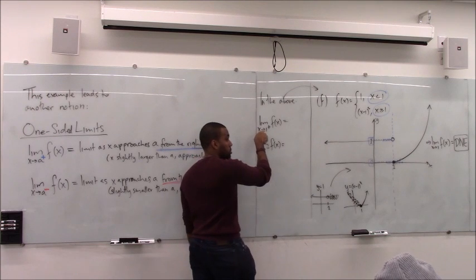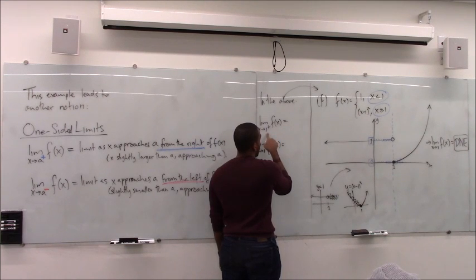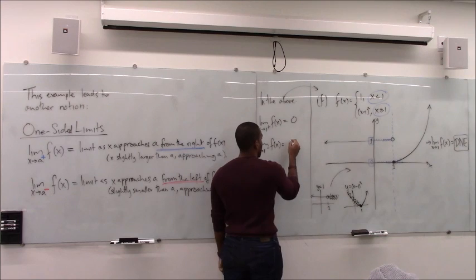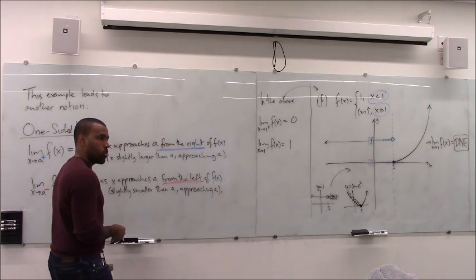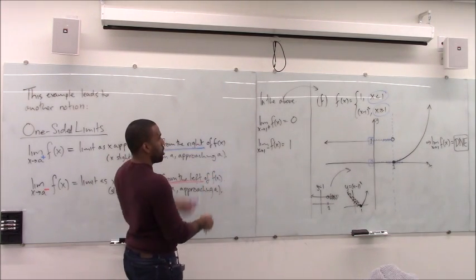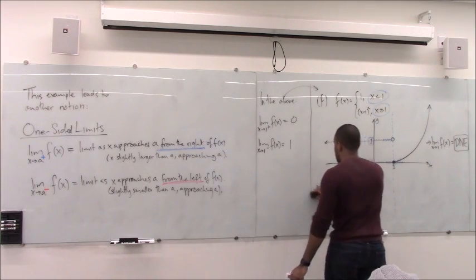Limit as I approach 1 from the right, 0. 1. So one side at a time, I can fully determine what the y value is doing. But putting them together, the 1 and the 0 disagree. And so overall, the limit does not exist.